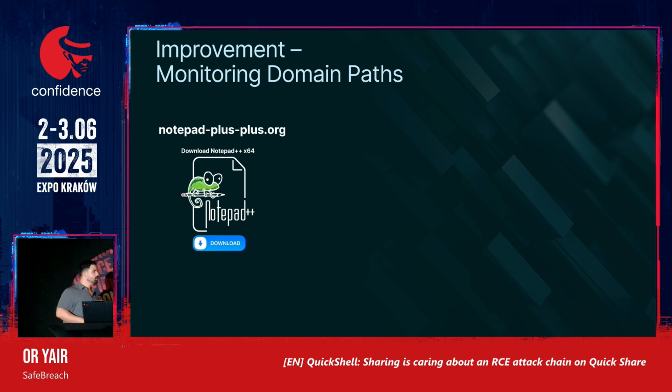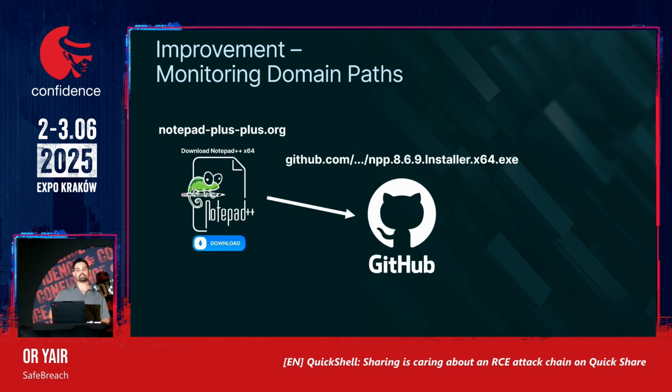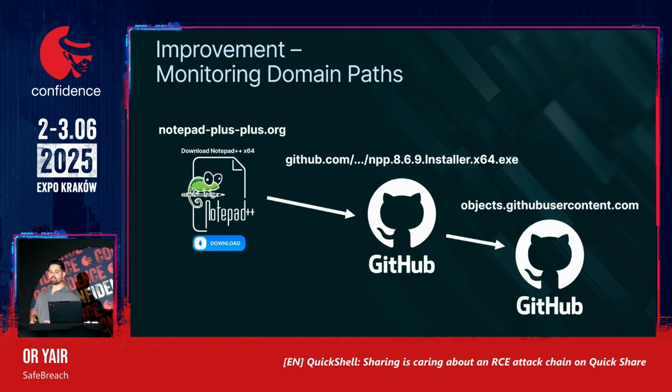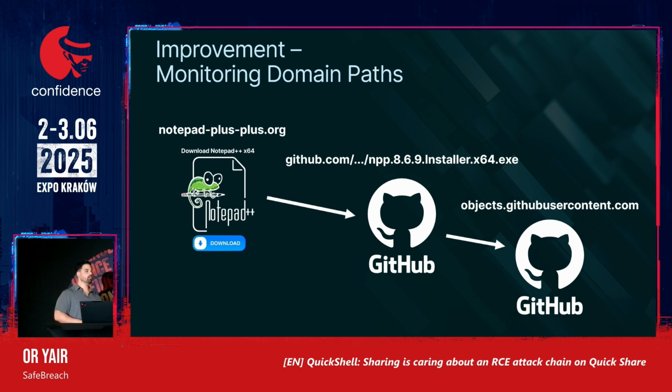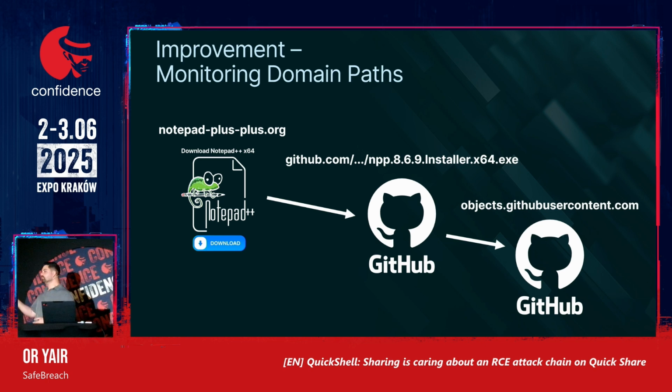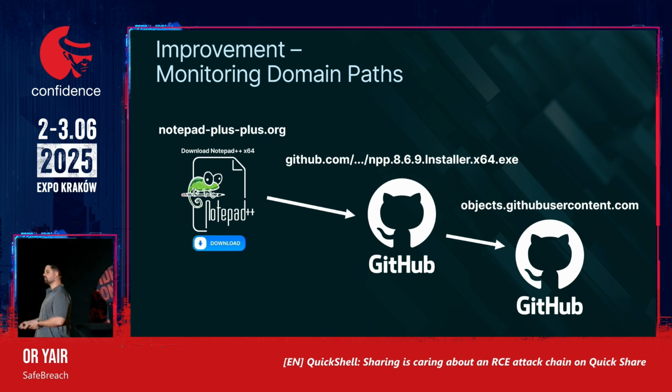For example, in Notepad++, when you press the download button, you're really behind the scenes redirected to github.com, which redirects you to objects.githubusercontent.com, and the file is really downloaded from there. But if we just look at the last domain, we won't be able to tell that that's Notepad++. So we have to follow the domains that came before, which is a domain path.